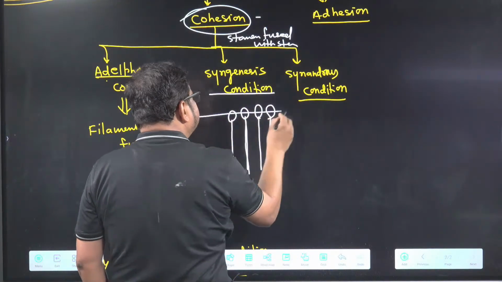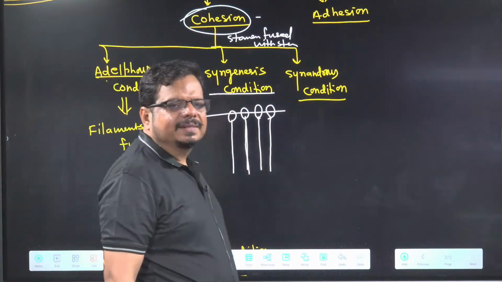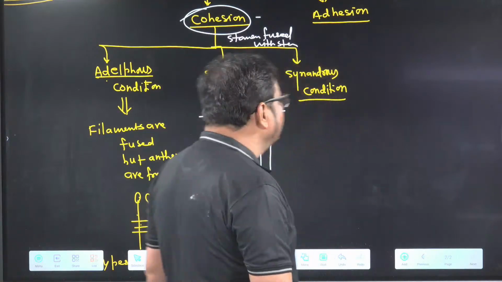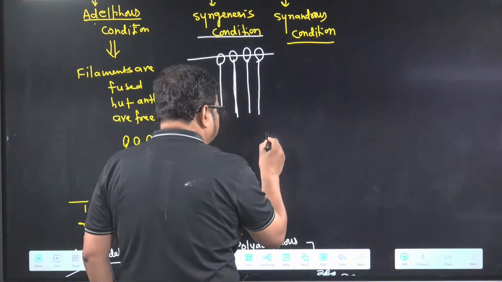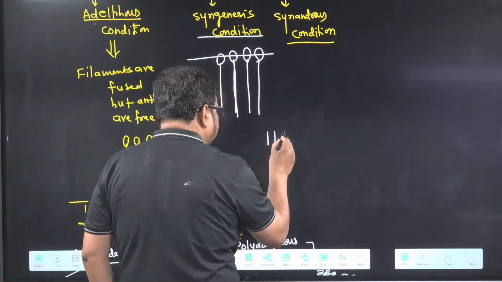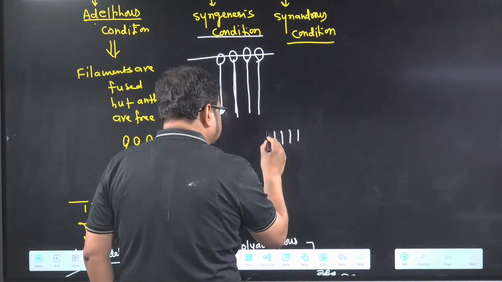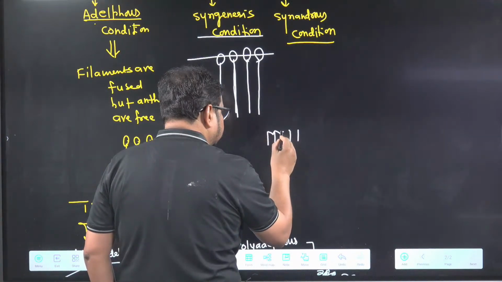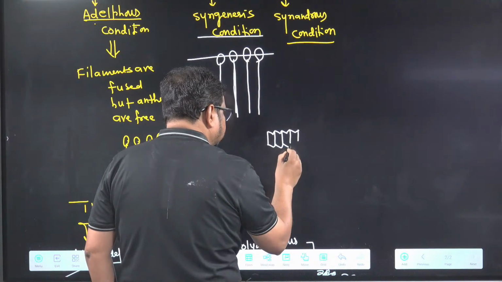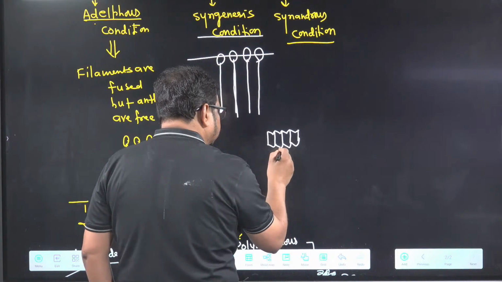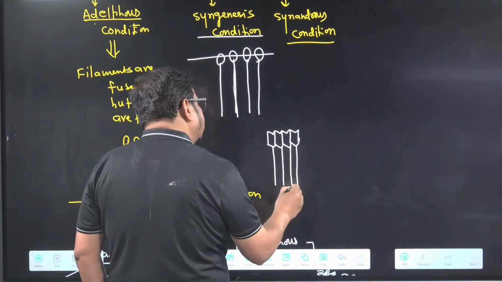So in the syngenesis condition, look at what happens. Who is fusing? Anthers are fused and filaments are free. I am making a diagram for it. Suppose that this is the condition.